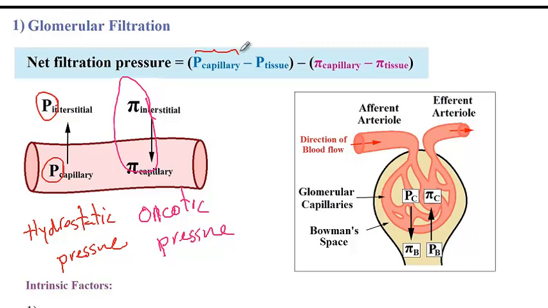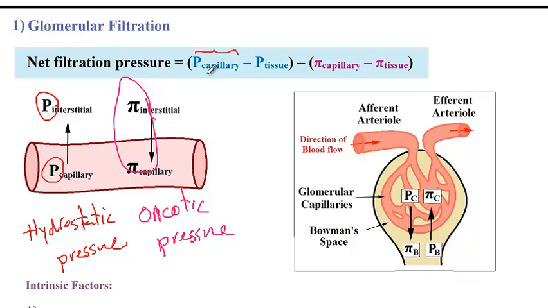Basically, hydrostatic pressure is the physical force that is pushing the fluid through. What determines the filtration rate is the hydrostatic pressure of the blood inside the vessels, and what pushes back is the hydrostatic pressure of fluid in the Bowman capsule.